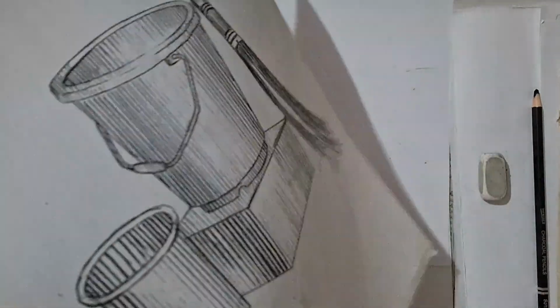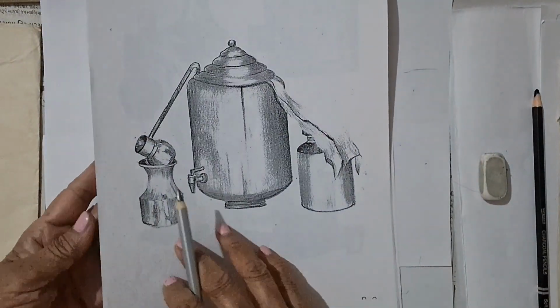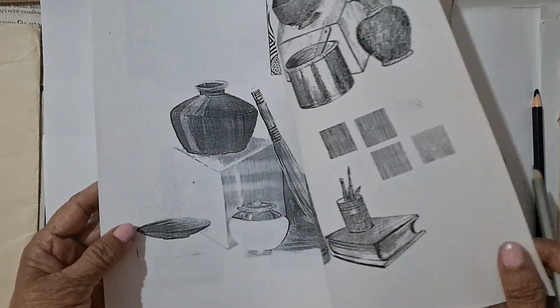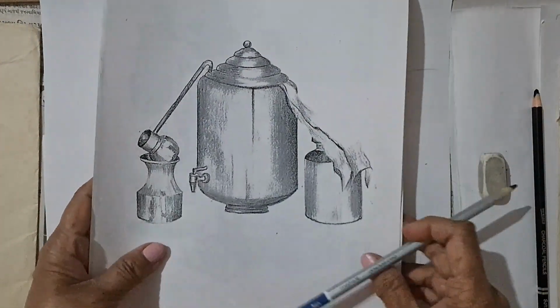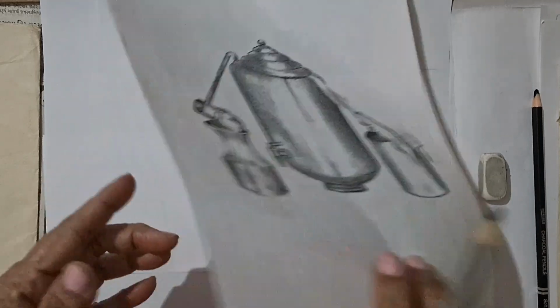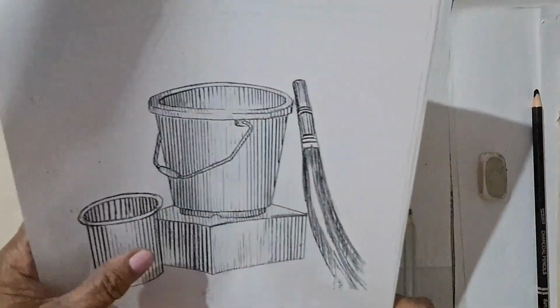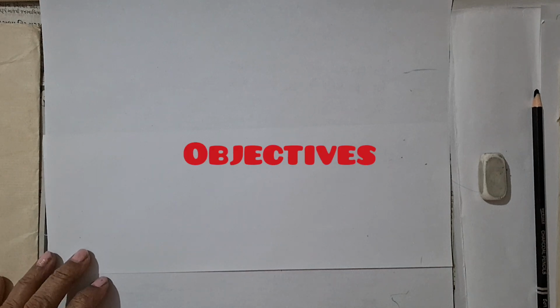Now why are these called as still lifes? What is the definition? What is the objective? Behind learning anything at all, there should be an objective, isn't it? What is the objective? If you learn something, you should know why you are learning it.